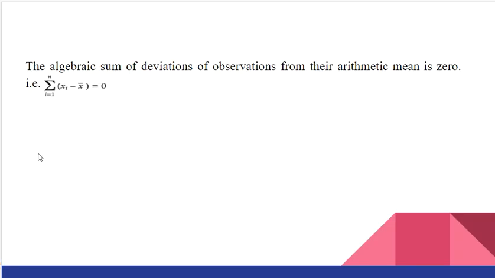So let's have the second property. Algebraic sum of deviations of observations from their arithmetic mean is 0. We have written here symbolically. Let's try to read this part by part. Algebraic sum of deviation. Deviation means nothing but difference, so here is the subtraction sign.